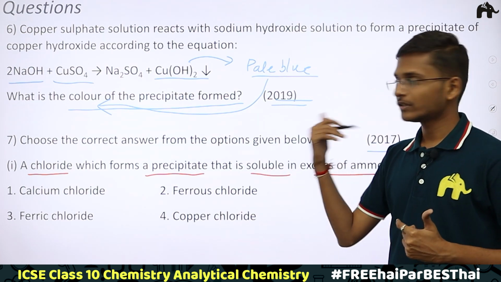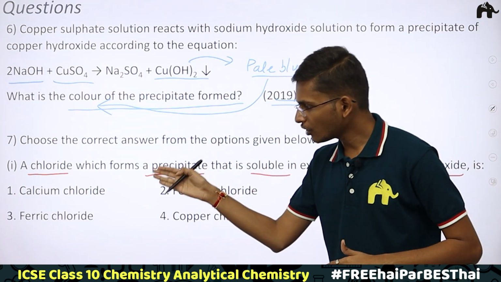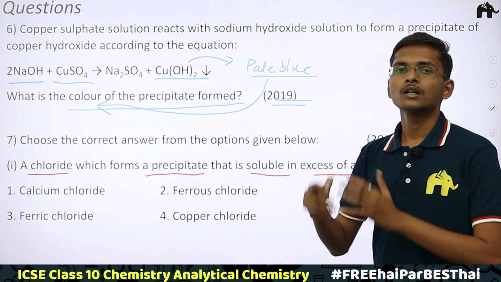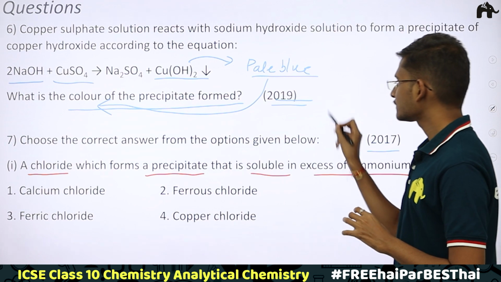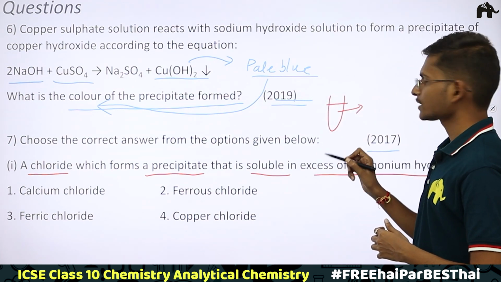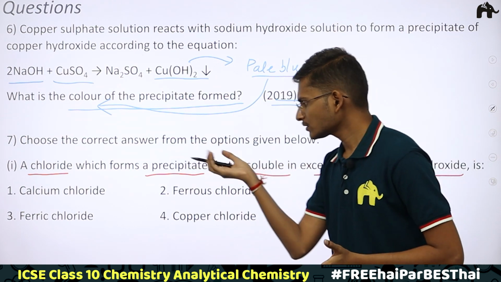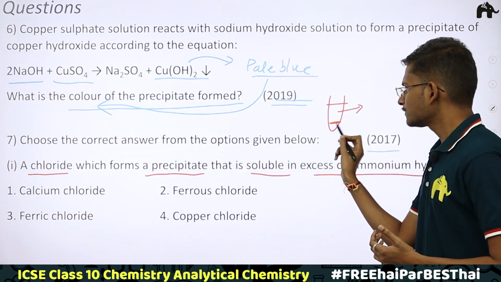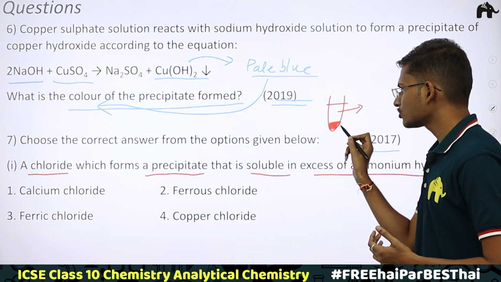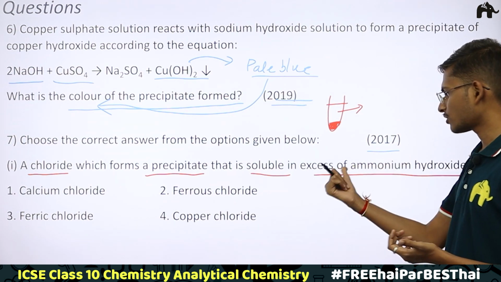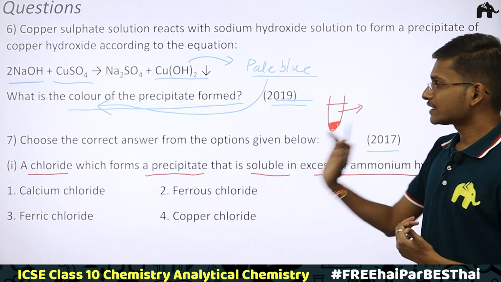First of all, let's figure out whether all these chlorides form a metallic salt solution, because if they won't form a solution, then they cannot react with ammonium hydroxide. If the chloride settles down in the water, it cannot react with ammonium hydroxide. So it's the first condition.